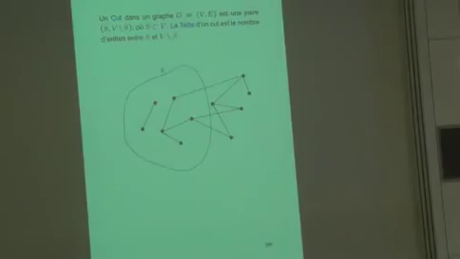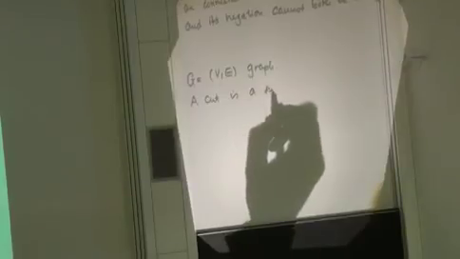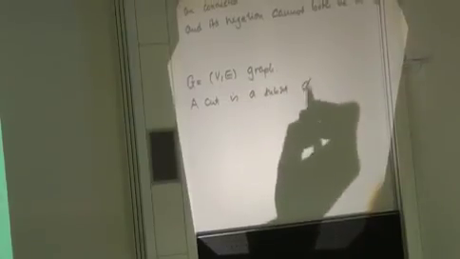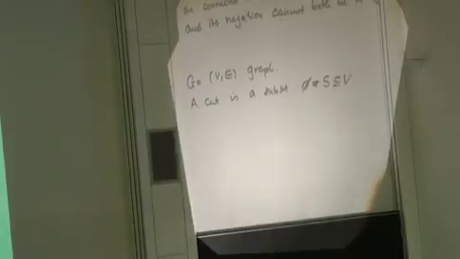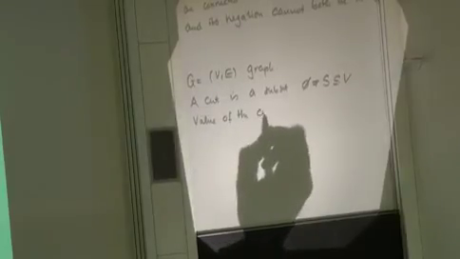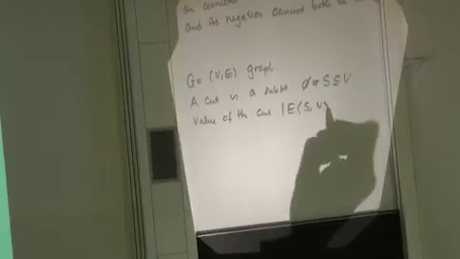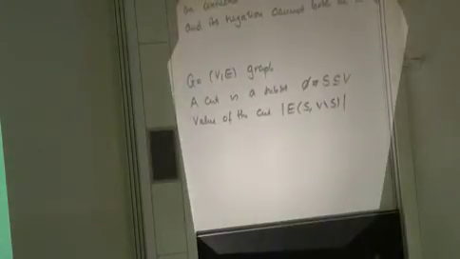So I'm going to write that down for you. So G, if this is a graph, a cut is a subset S of the set of vertices, and the value of the cut is the number of edges between S and its complement.